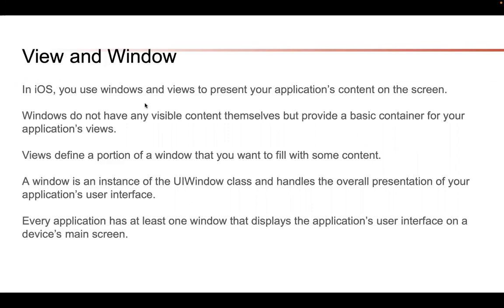So view and window. We use windows and views to present your application's content on the screen. Means whatever we have designed in the UIViewController's view, we present that on screen using this view and window.